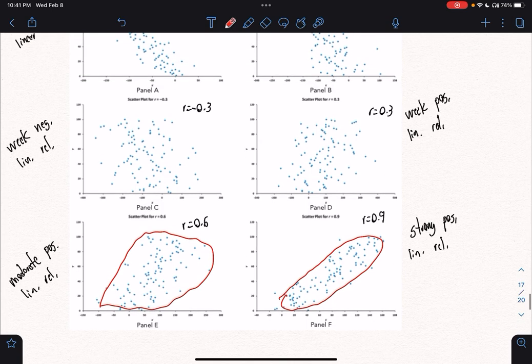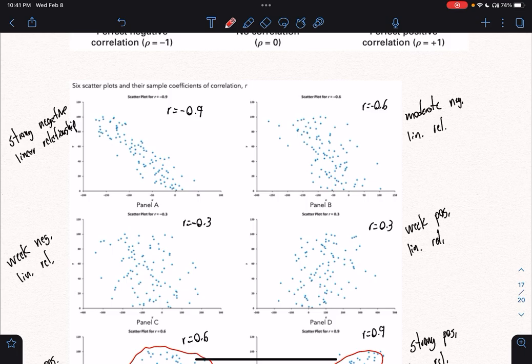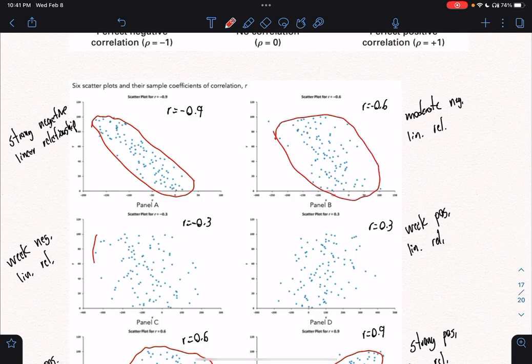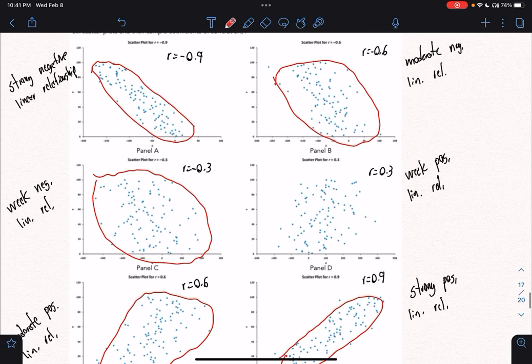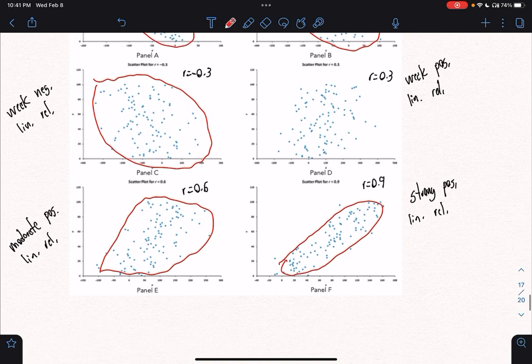And even up here, the data is rather clustered in one place, but as our correlation gets closer to 0, it starts becoming a little more scattered, that the circle just kind of becomes bigger and bigger in terms of what that cluster is looking like. So that cluster becomes closer together as we get that stronger relationship in terms of correlations.